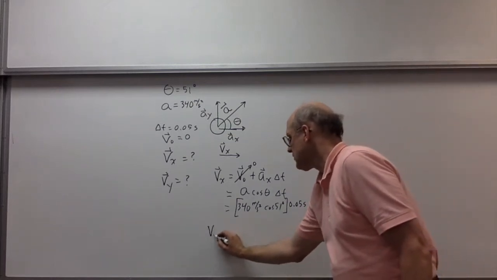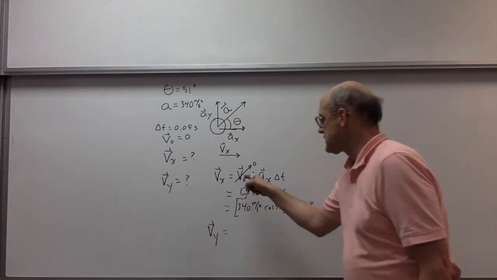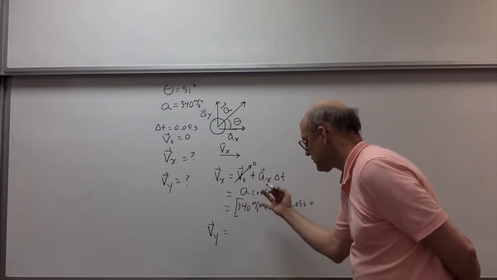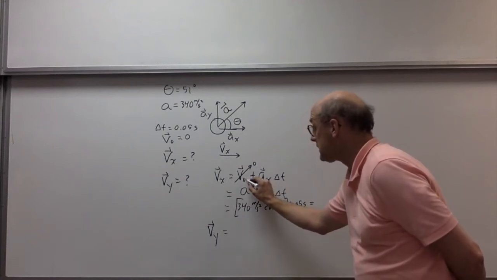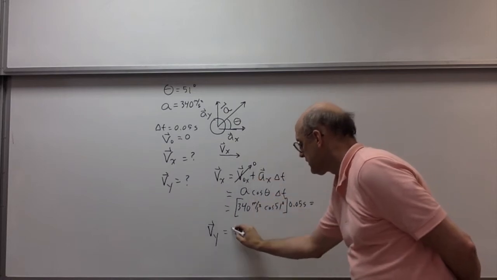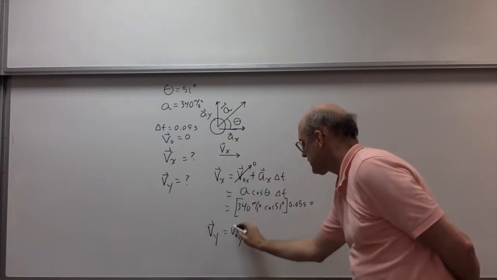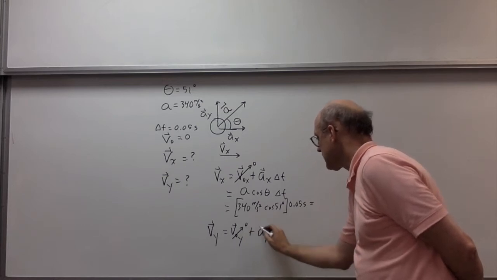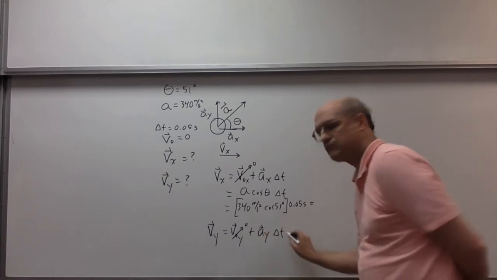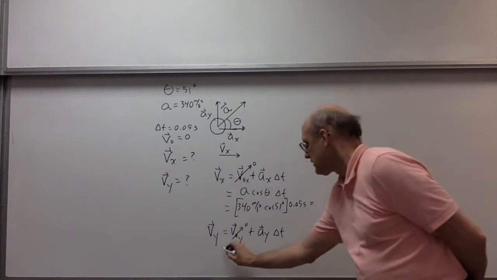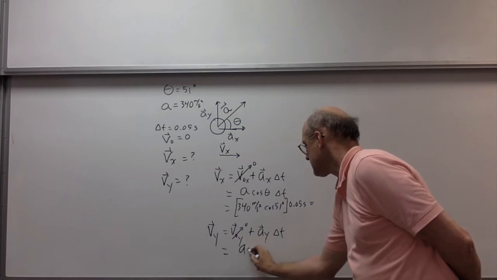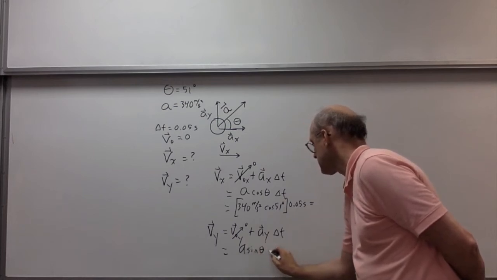The velocity in the y, using the same equation, we have an original velocity of 0. The original velocity in the x is 0. The original velocity in the y would also have to be 0, plus the acceleration in the y times time. The acceleration in the y would be equal to A times the sine of theta, times delta t.